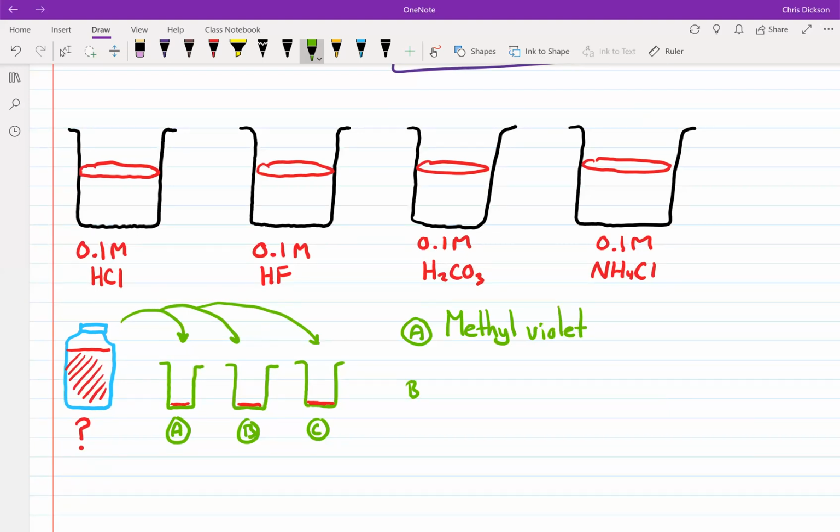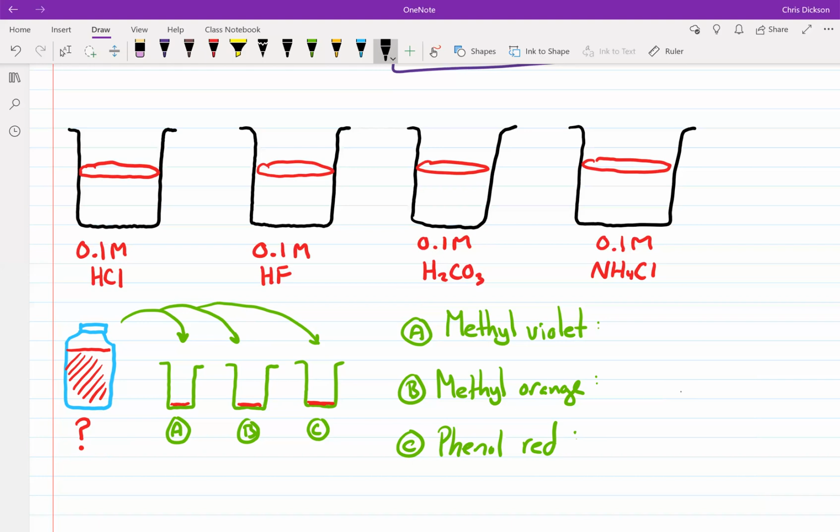And in beaker B, we're going to use methyl orange. And in beaker C, we're going to use phenol red. Okay, and then obviously we look to see what color would pop out here, and based on that we try to make a determination on which chemical it would be here.